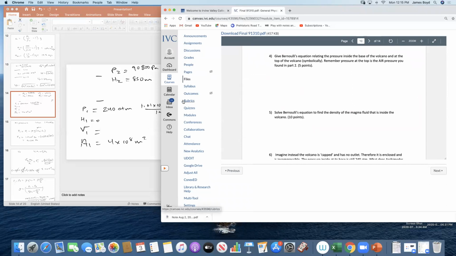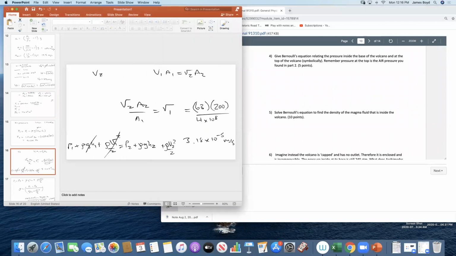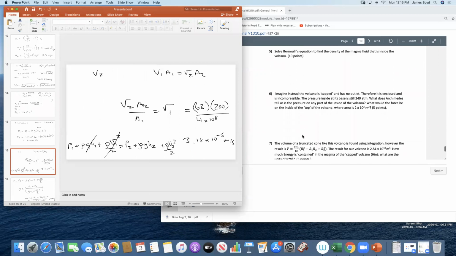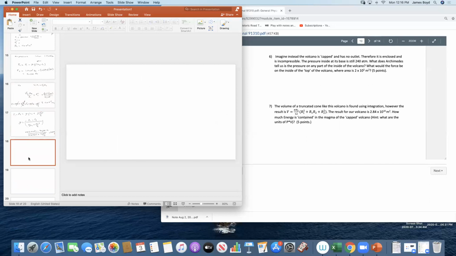This asks you to do this symbolically. So what I'm asking you for is this equation here. And then I'm asking you to solve it for rho. Now, for these last two problems, if the volcano is capped so that pressure can flow in but nothing can flow out, Pascal's principle says that F1 over A1 is equal to F2 over A2 everywhere if it's incompressible, okay?